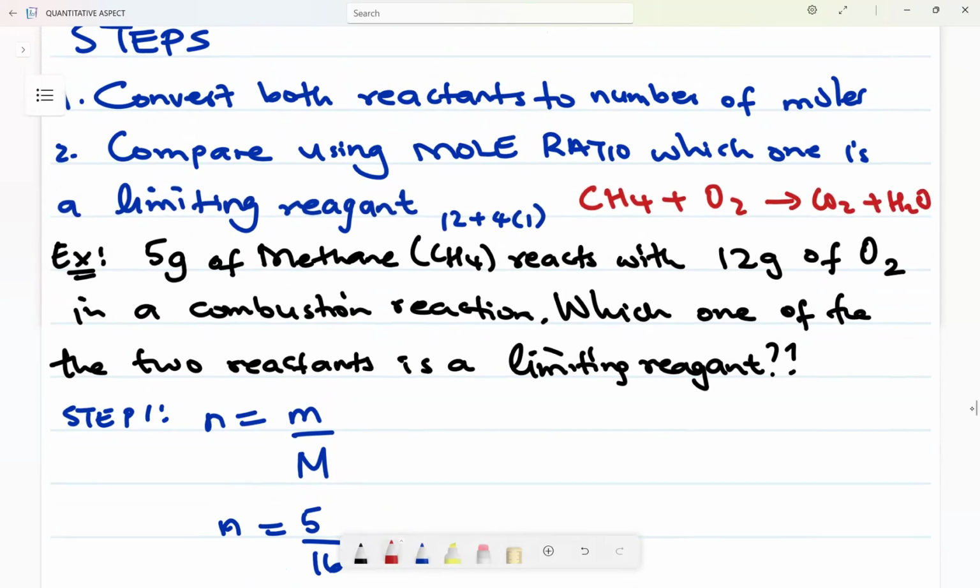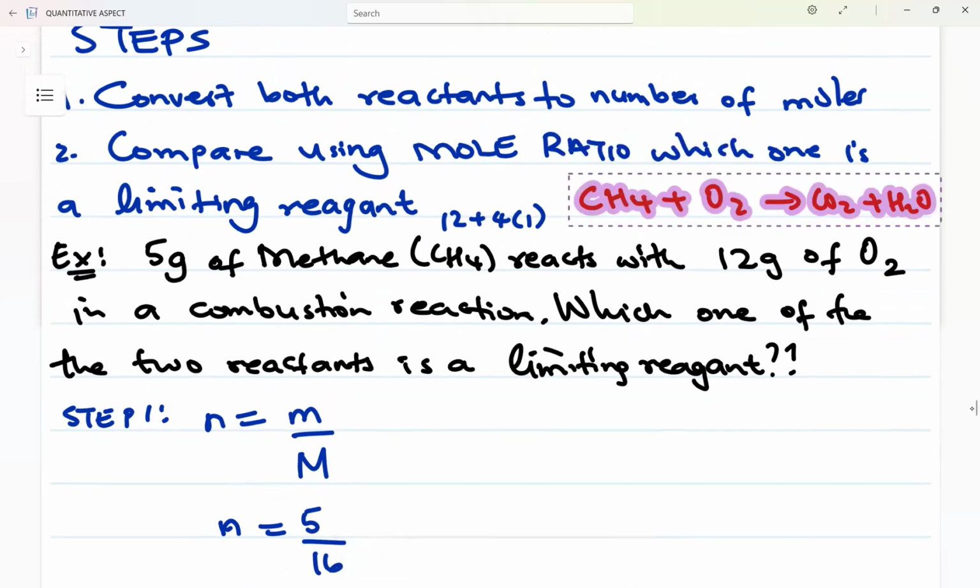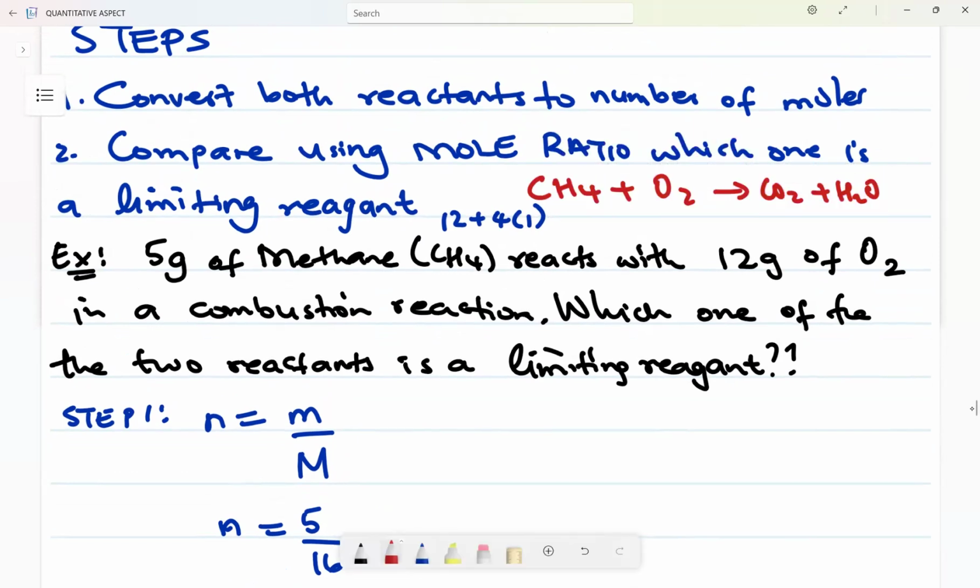Is it balanced? No. Let me take it here and try to balance it. H2O needs to be 2 H2O, and then I'm having oxygen 4 here. Then yes, it's balanced.